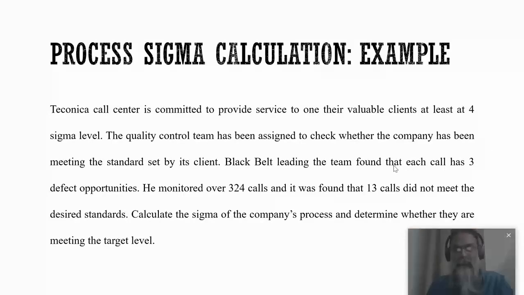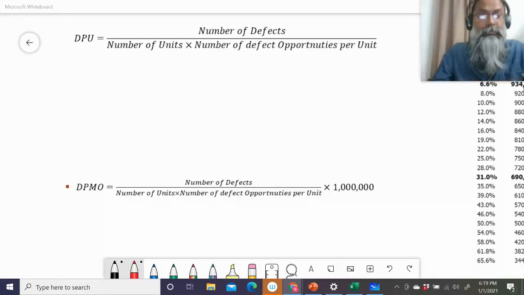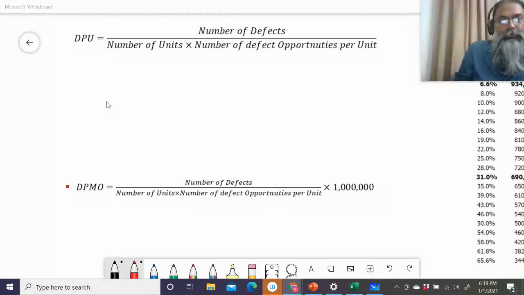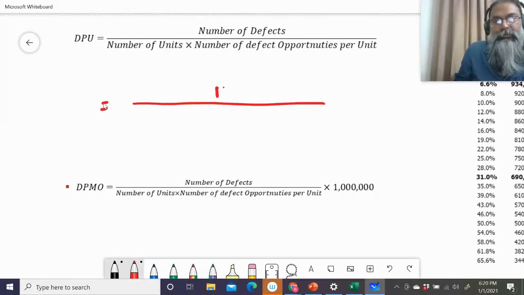So let's start calculating. Let's first start with defects per unit. The problem with Teconico: the number of defects was 13. So let's write down 13. The number of units that they had gone through was 324.